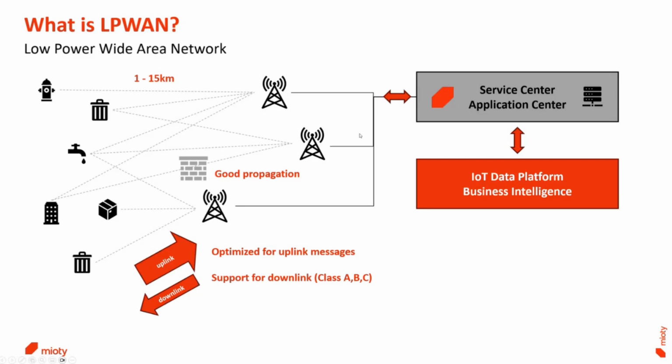It's a service center and application center. They're often merged together. Nevertheless, you can also separate them. I will show you the difference between Service Center and Application Center on the next slides. And from that, you can go to an IoT data platform, do your business intelligence, process the data, and gain some value out of the data.